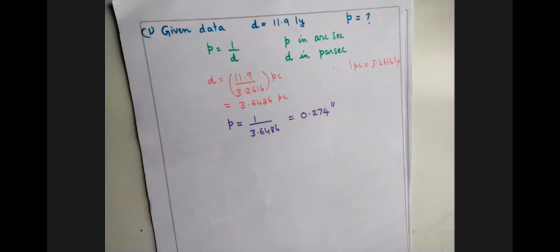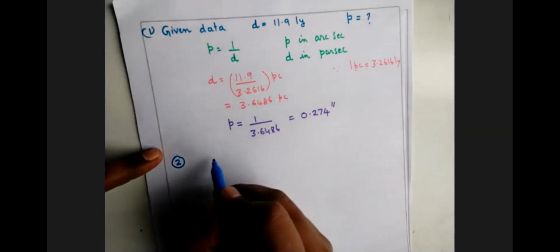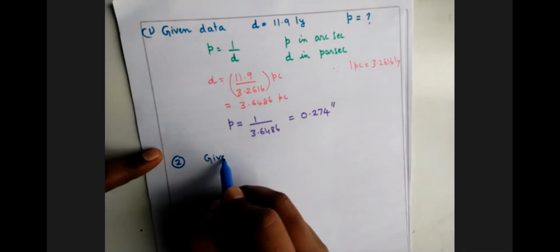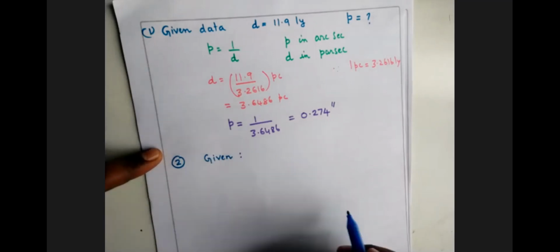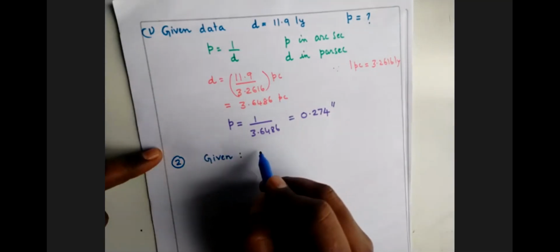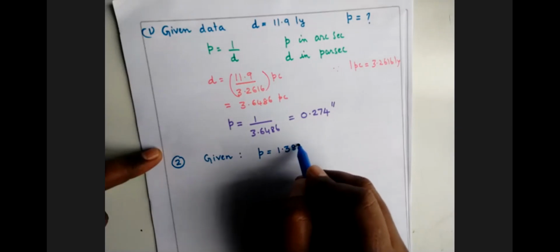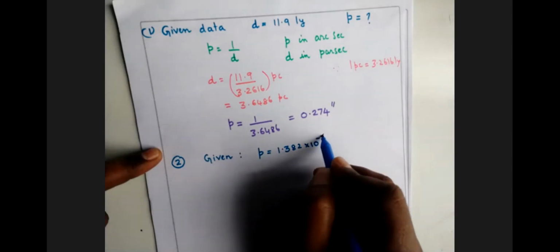Now, the given data is the parallax angle equal to 1.382 × 10^-6 radians.